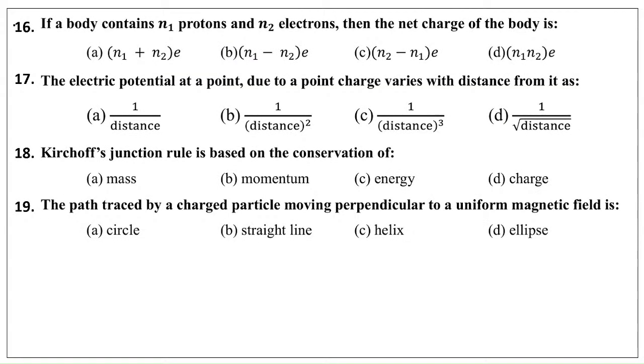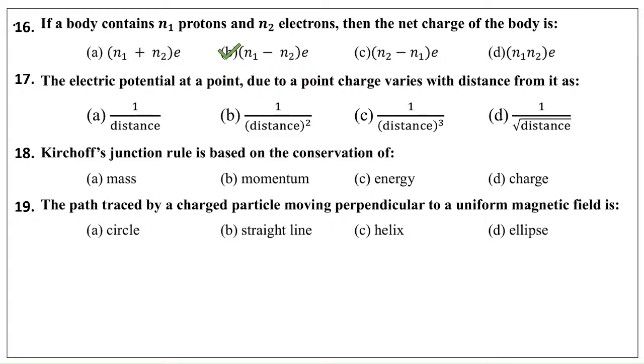Next. 16. If a body contains n1 protons and n2 electrons, then the net charge of the body is. Answer B. (n1 minus n2) times e. Next. 17.